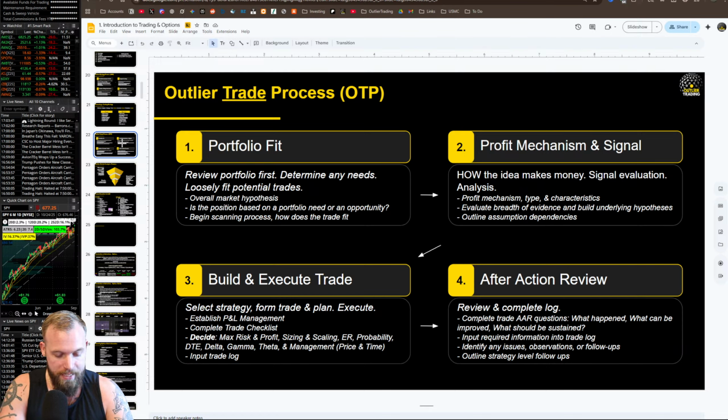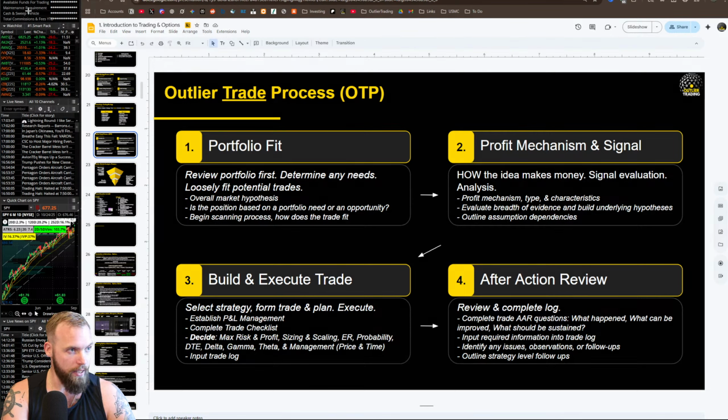Whenever I'm beginning the cycle of placing a trade, it generally follows this overarching process. If I have something that I saw in the market that's interesting to me, I don't immediately run anywhere with it. I mentally note it and I actually start here every single time without fail.